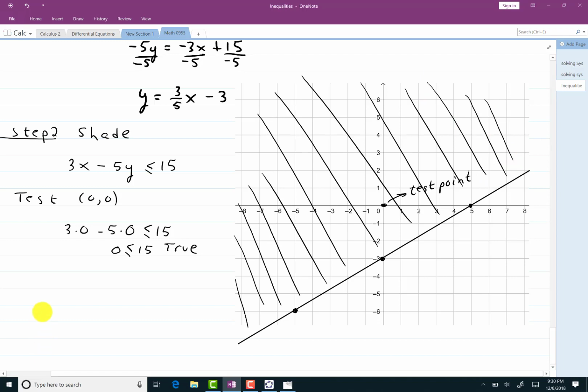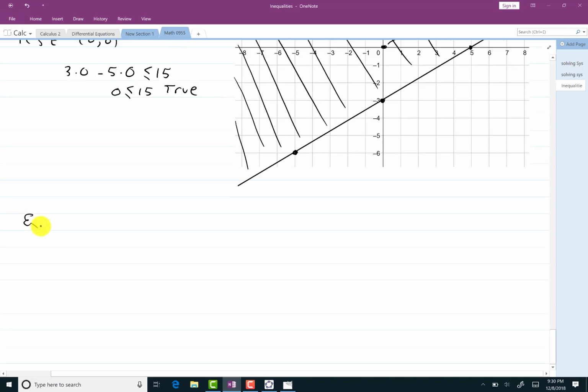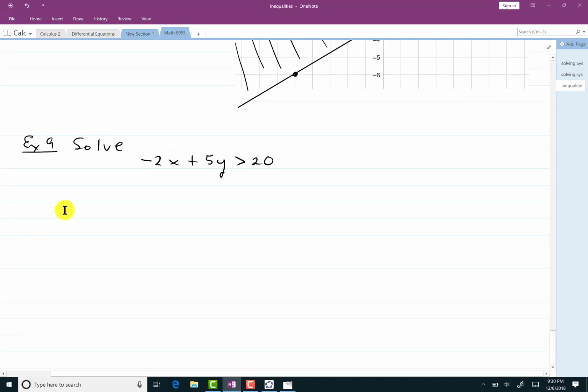Let me do another example. So just as before, step 1, let's graph the line.